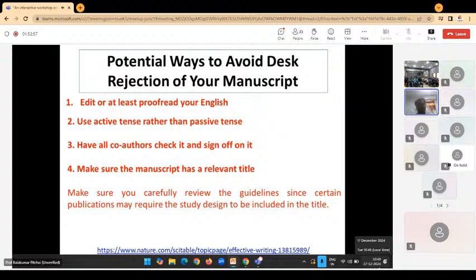So in the background, the editor will expect you to write the problem statement. You have to clearly pitch the problem statement, and based on that, you have to write the research gap, what still remains unknown or is not clear.